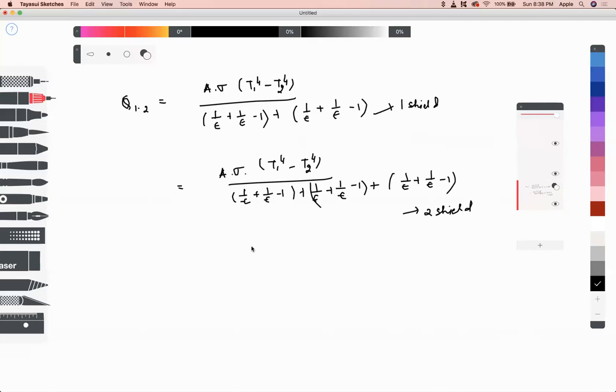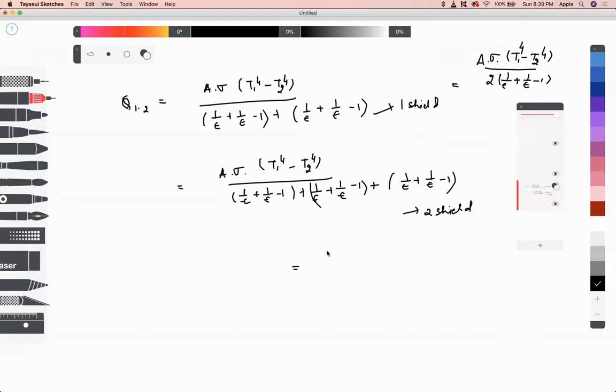Okay, so here in the denominator what I can write is A into sigma into T1 to the power 4 minus T2 to the power 4 divided by 2 into 1 upon epsilon plus 1 upon epsilon minus 1.